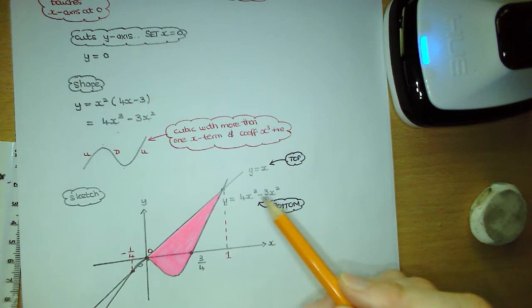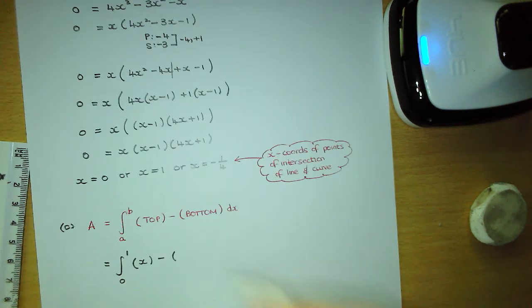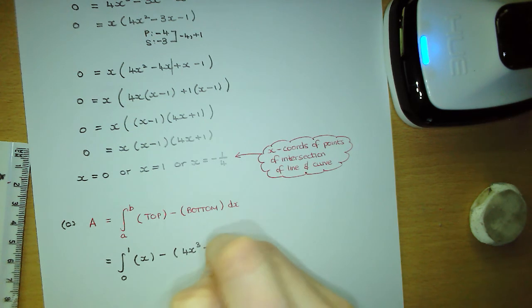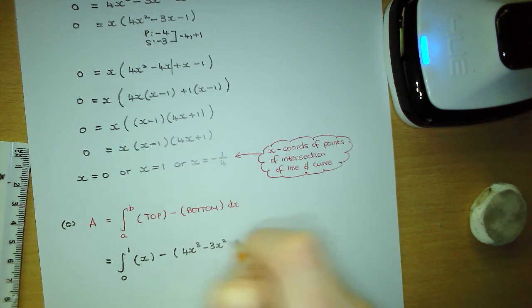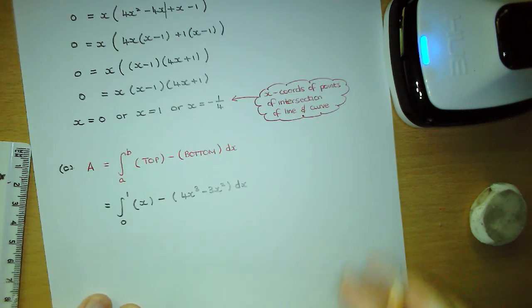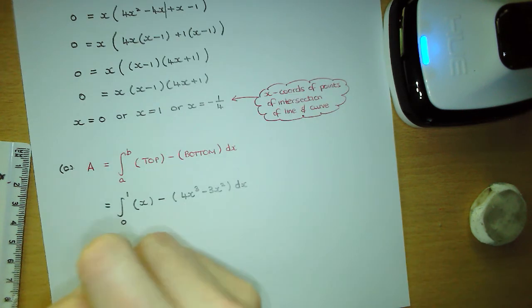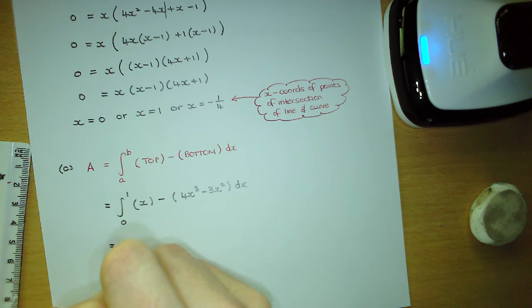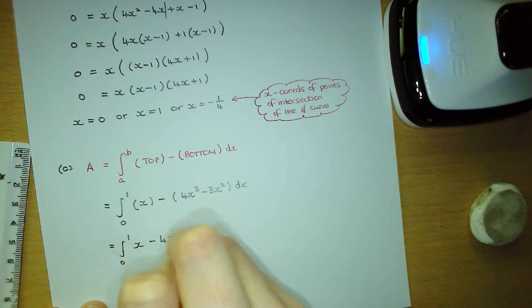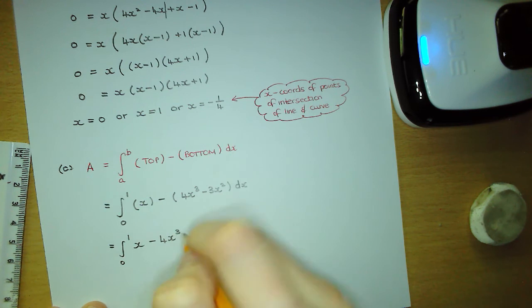So 4x cubed minus 3x squared, close brackets, dx. So it's really just what we've been doing before. So we need to get rid of the brackets first. So we still copy down the integral signs. So we've got x minus 4x cubed plus 3x squared.